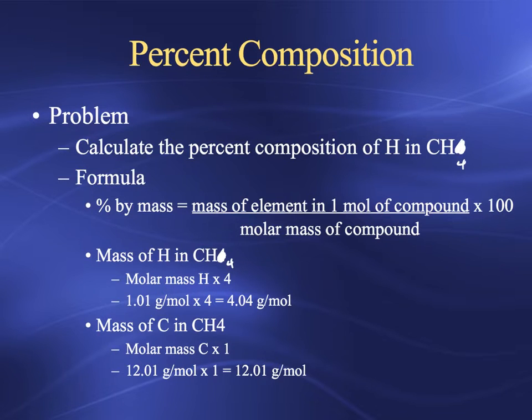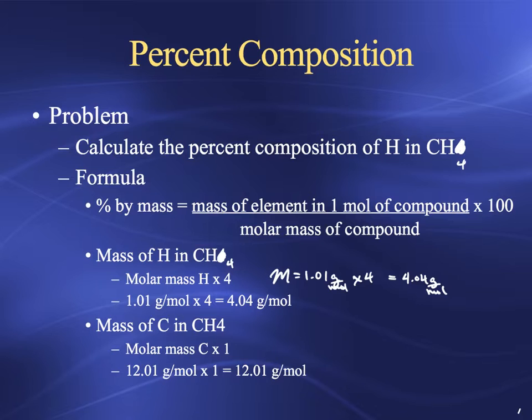Well, from your periodic table, we see that the molar mass of a single hydrogen atom is 1.01 grams per mole. Well, in this instance, I, in fact, have 4 of them.